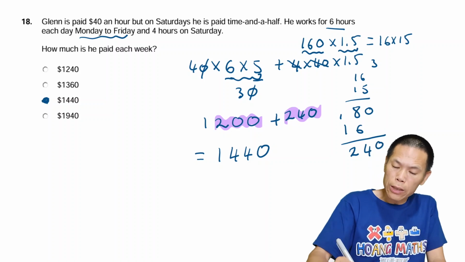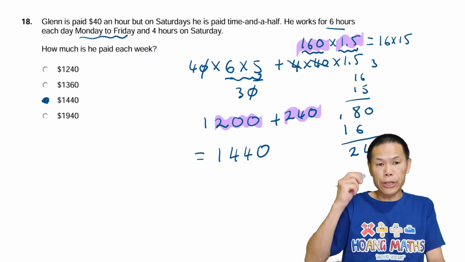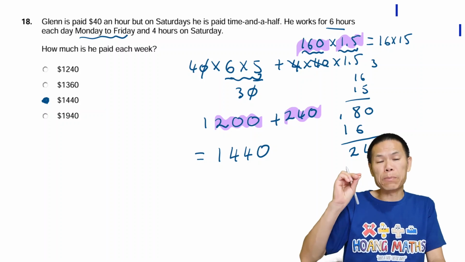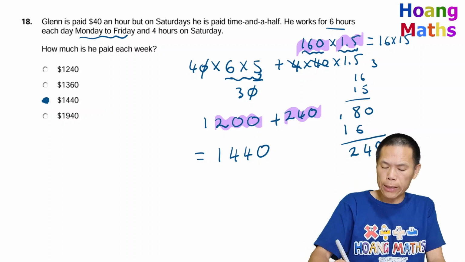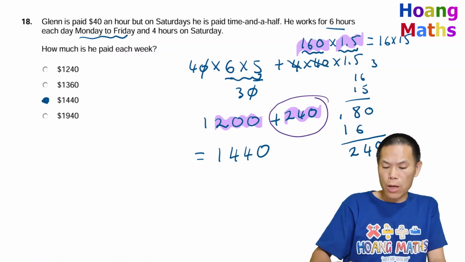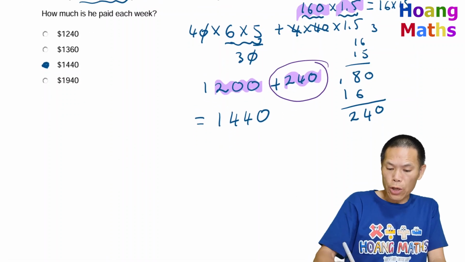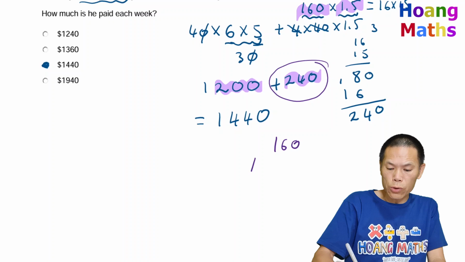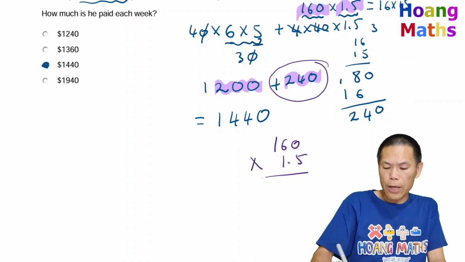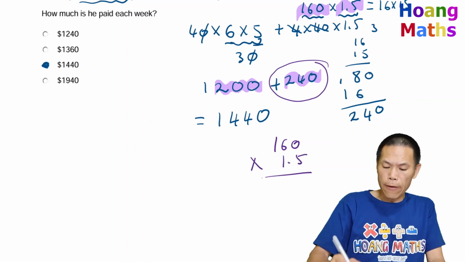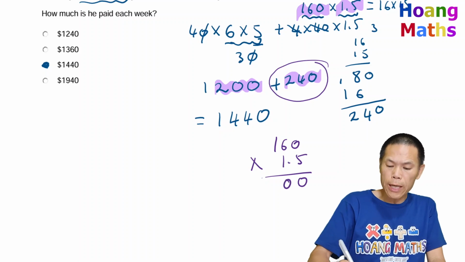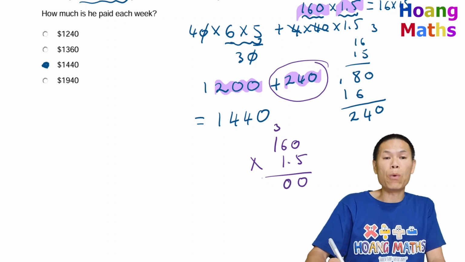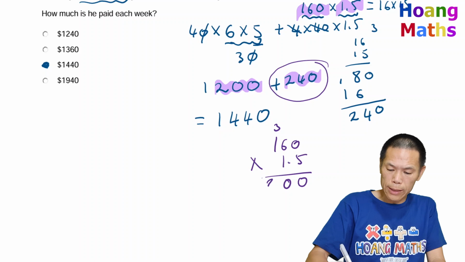Otherwise, you can do this. So you can just go 160 times 1.5. Let me just do it. Okay, so you can see I should get 240 as well. So you go 160, you times 1.5. You ignore the decimal point. 5 times 0 is 0. 5 times 6 is 30. Carry 3. 5 times 1 is 5. We add 3 is 8.